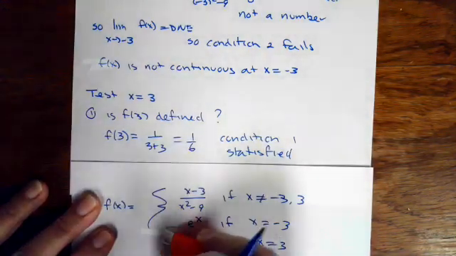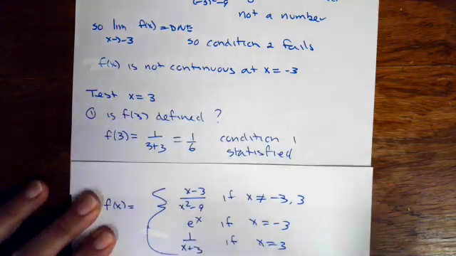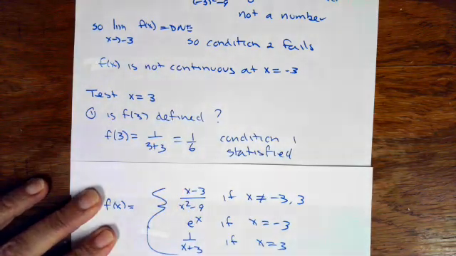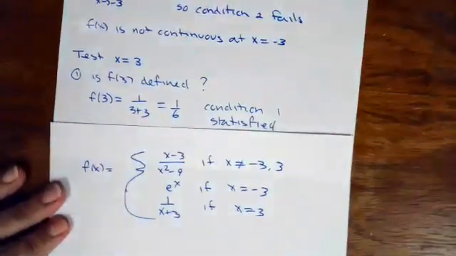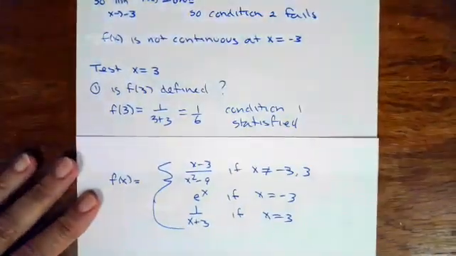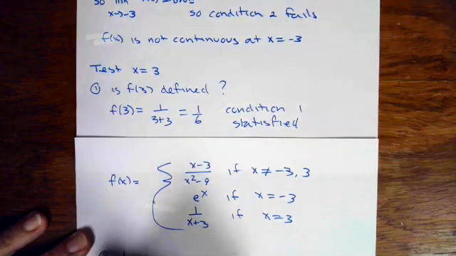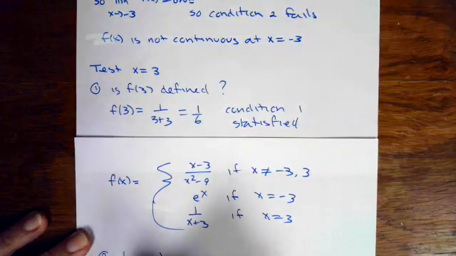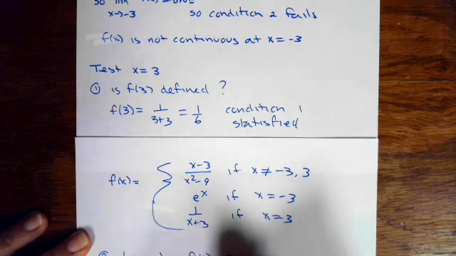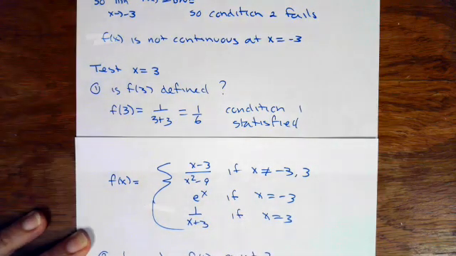Okay, so we looked at condition 1, the functional value. There was a functional value. So let's go on to condition 2. Condition 2 is, does the limit as x approaches 3 of f of x exist? Well, let's find that limit.